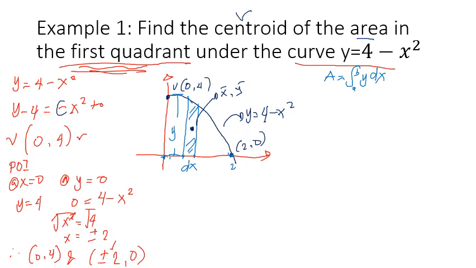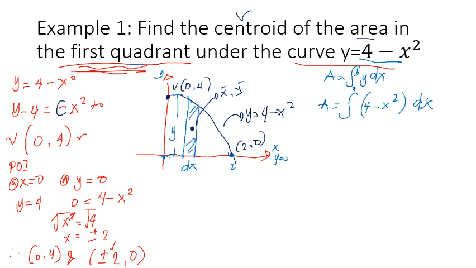Take note that we only need to consider the first quadrant. So you have A equal to the integration of y, where y is the curve, right? So that's 4 minus x squared times quantity dx. Take note that this part here is y equals 0, that's the x-axis, and then this is the y-axis.